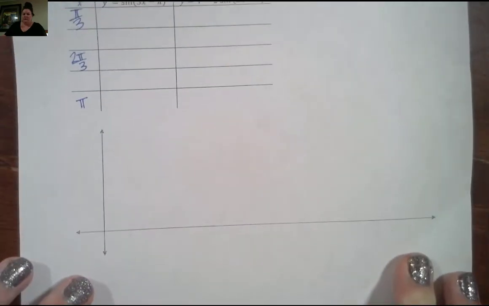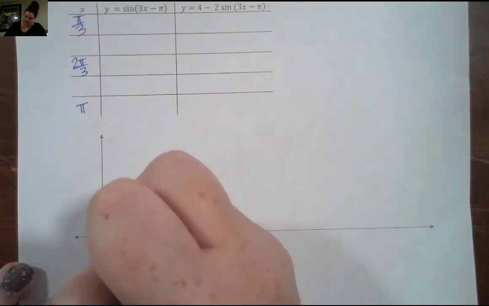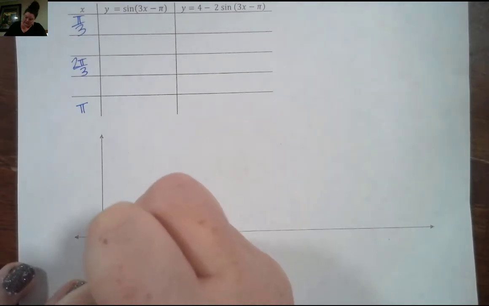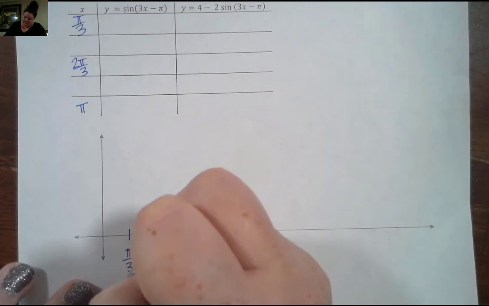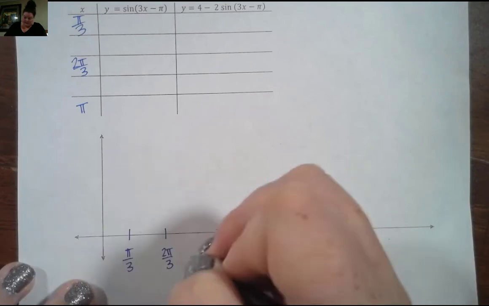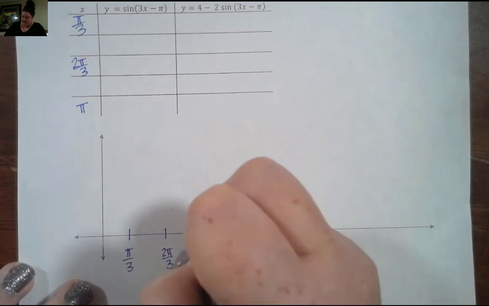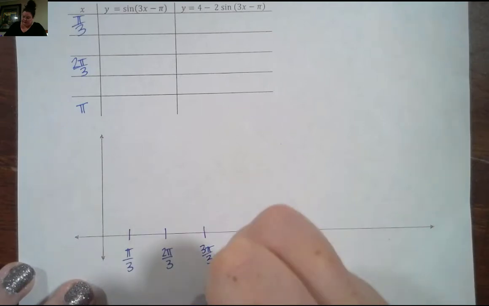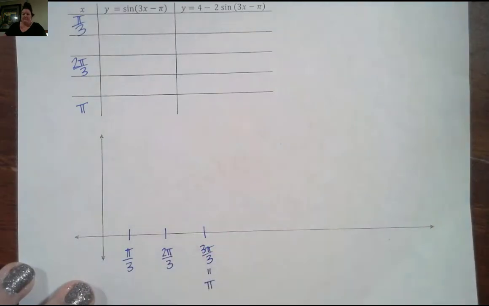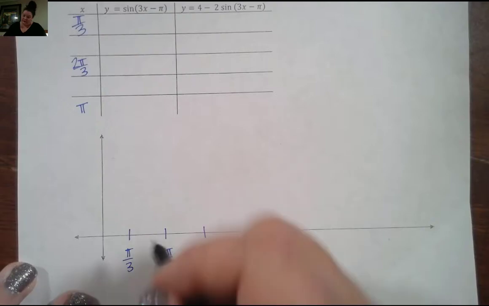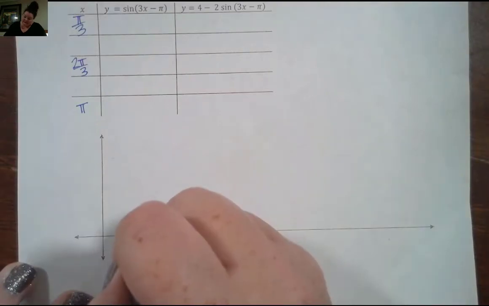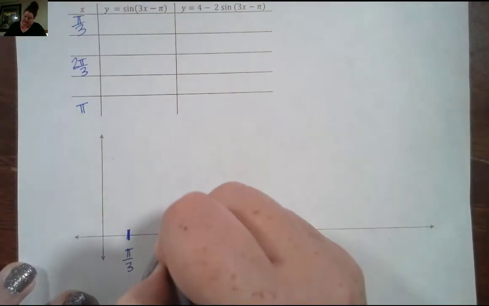We can count by pi's over 3. So here is pi over 3, 2 pi over 3, and then 3 pi over 3, right, which is just pi. So here's our starting point, here's our ending point, and here's our middle point.